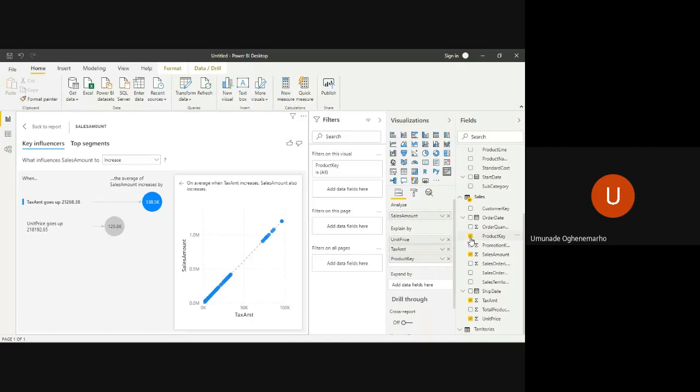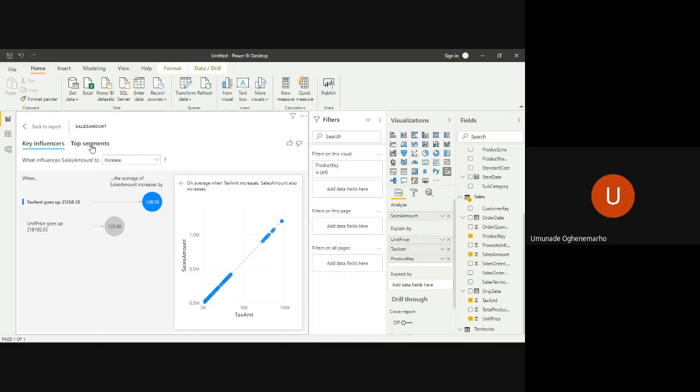When the tax amount on each product goes up by so and so, our sales amount increases by so and so. We can also look at the visualizations when there's a decrease or an increase, so we can run it either way. That's basically it for key influencers.